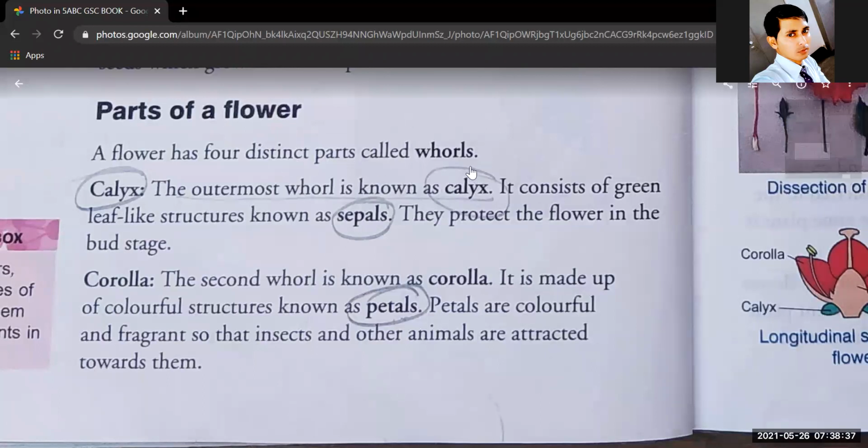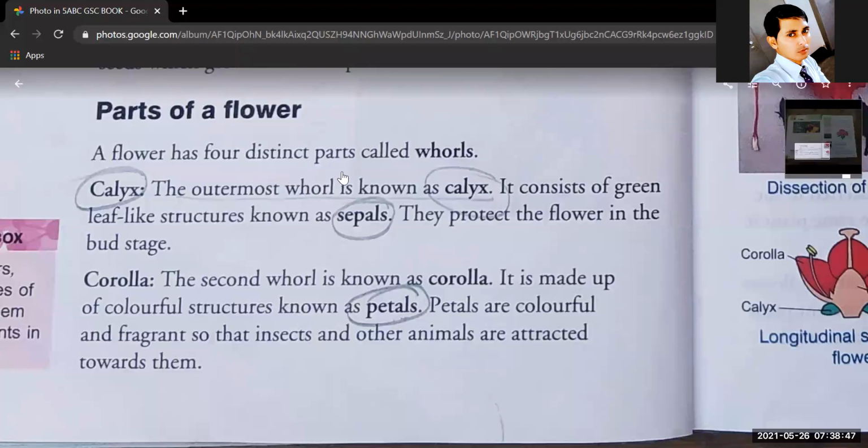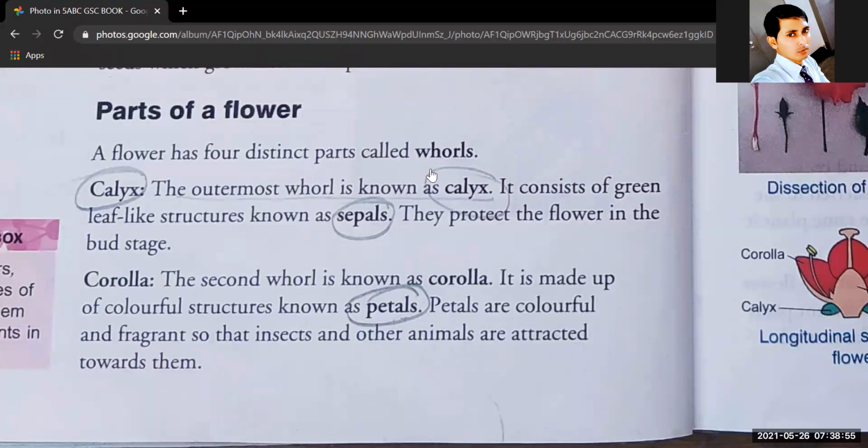W-H-O-R-L-S, whorls. You will pronounce it as whorls. Like you say world, but here you need to say whorls. A flower has 4 distinct parts called whorls.